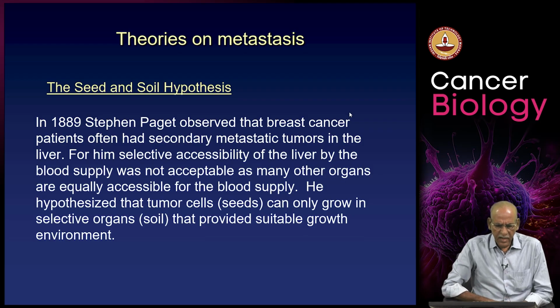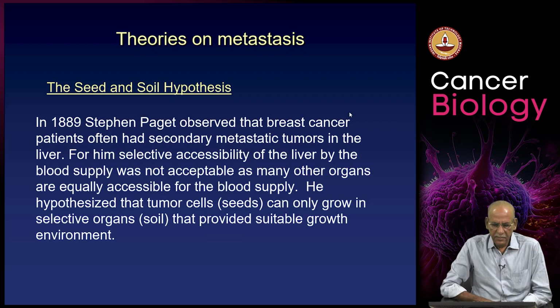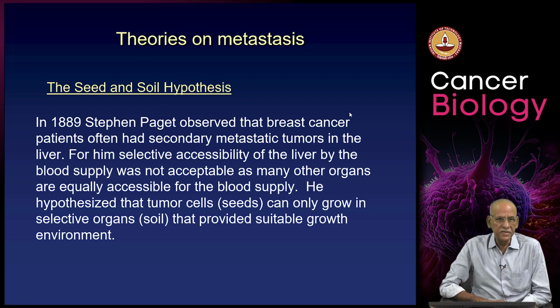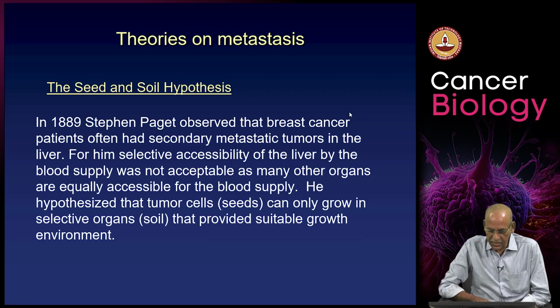If you trace the history, Stephen Paget, it is called Paget's hypothesis also, somewhere in 1889, observed that breast cancer patients often had secondary metastatic tumors in the liver. For him, the selective accessibility of the liver by the blood supply was not acceptable.